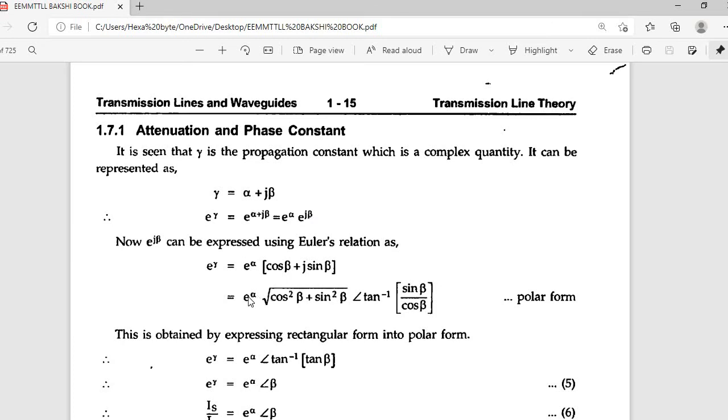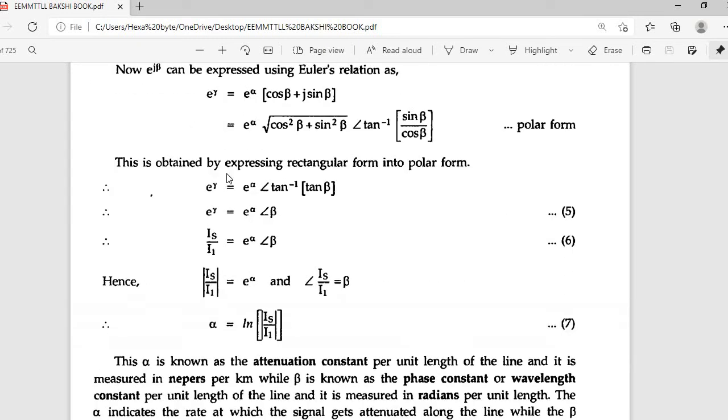So e power alpha into this, the magnitude we are taking, square root of cos square beta plus sin square beta, at an angle of tan inverse of sin beta by cos beta. We know this is obtained by expressing the rectangular form into polar form.